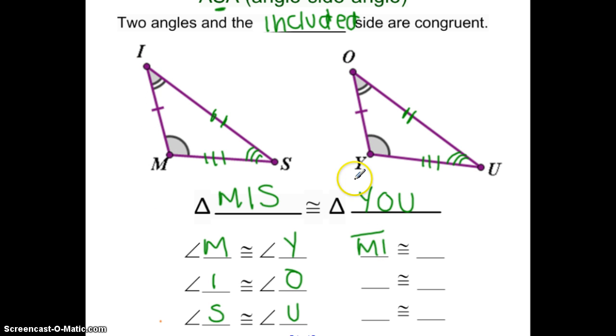MI is going to be congruent to YO. IS is going to be congruent to OU. And line MS is going to be congruent to line YU.